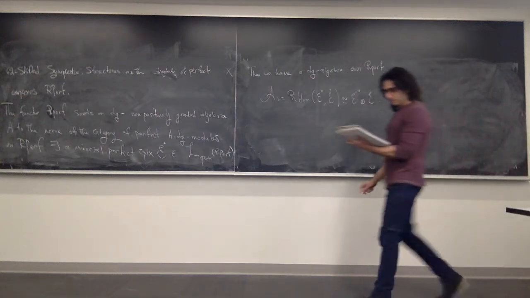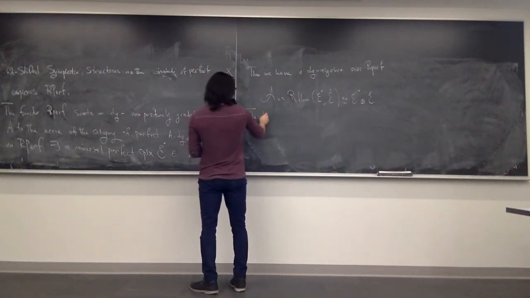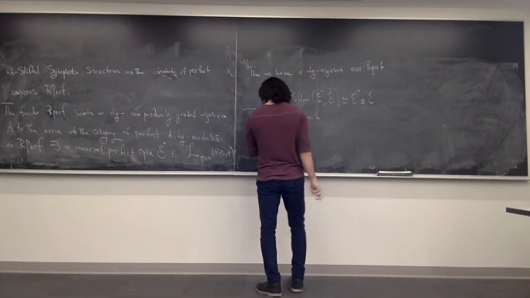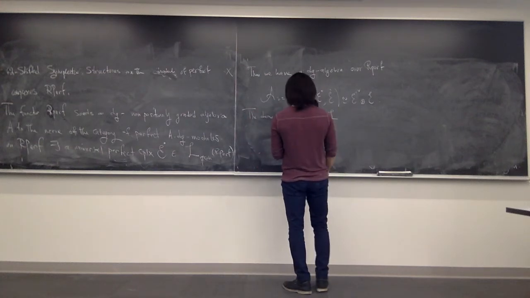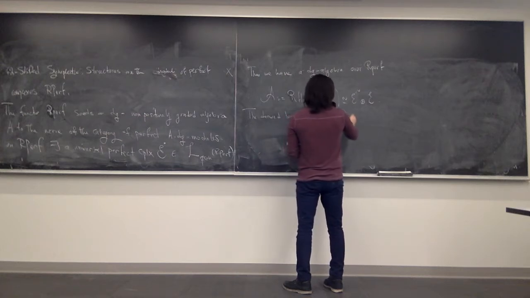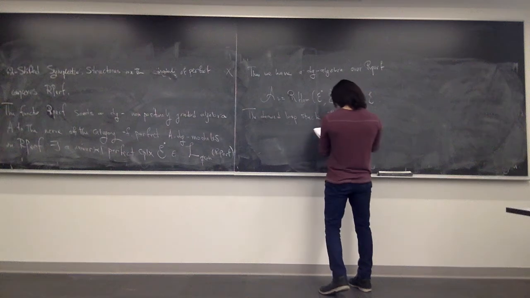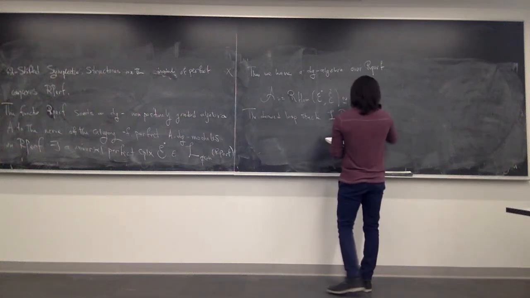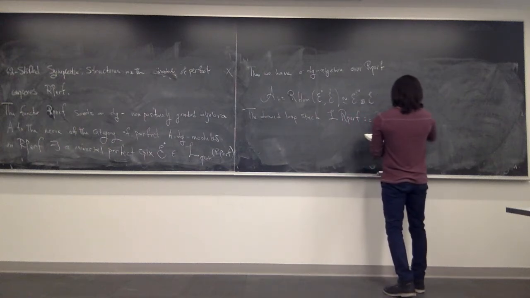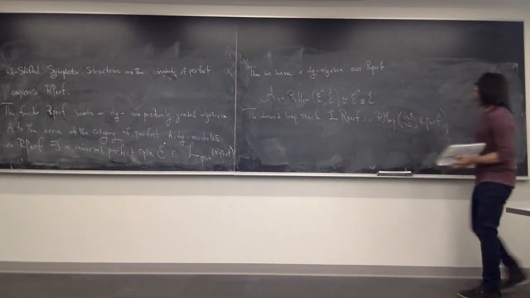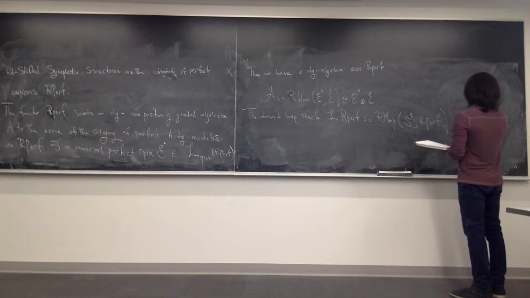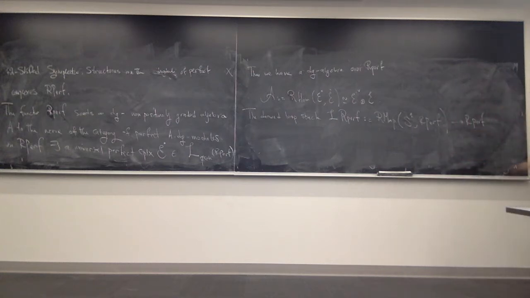The derived loop stack of R Perf, which by definition, like before, is the derived space of maps, R Map, from the circle to the ambient stack. We discussed this thing.